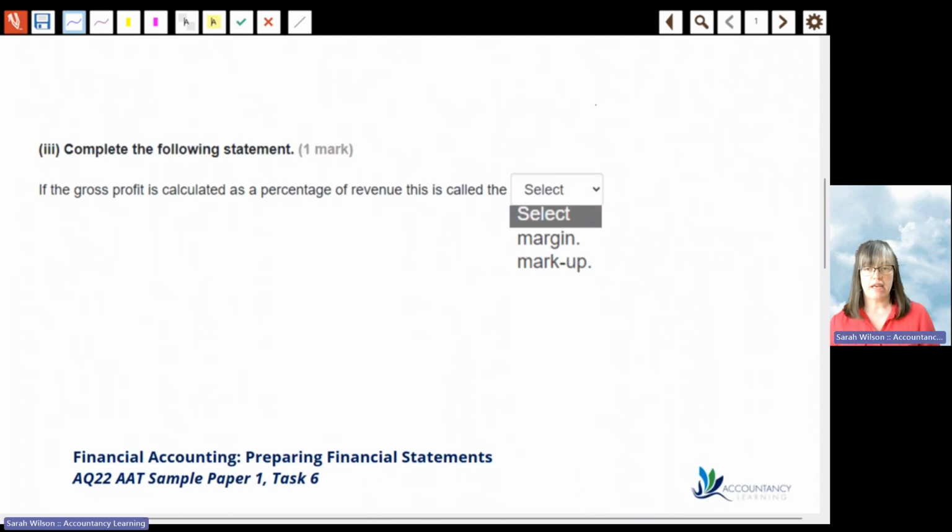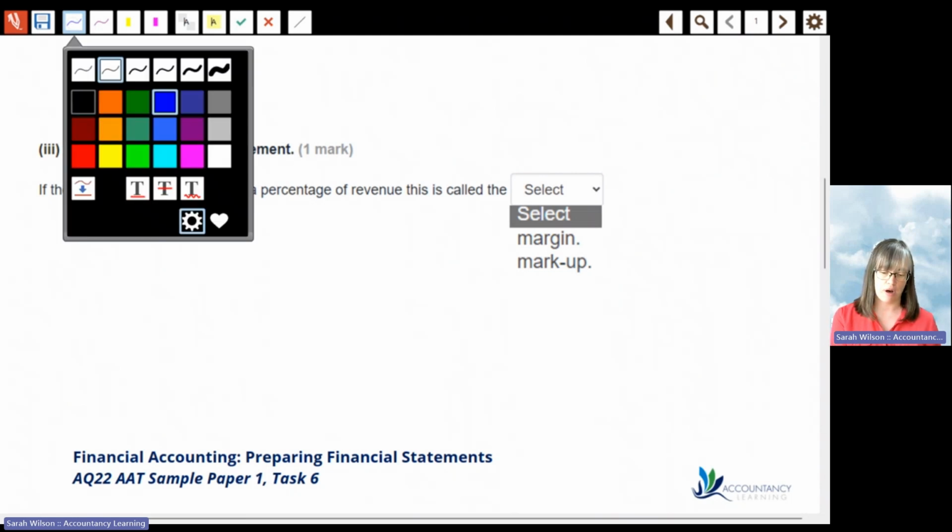Moving on to part 3 of this question then, we are asked to complete the following statement. If the gross profit is calculated as a percentage of revenue, this is called the, and then we've got the option of margin and markup. So let's remind ourselves of what margin and markup are.